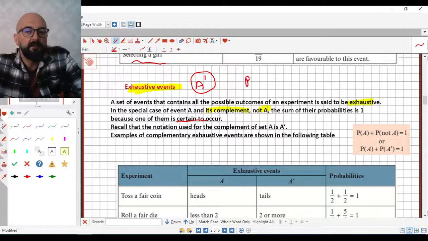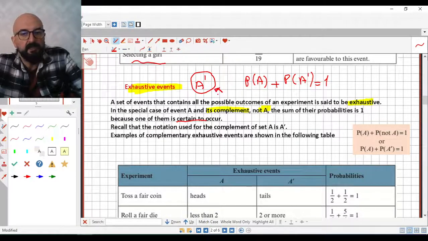So the probability of A plus the probability of the complement of A should be 1.